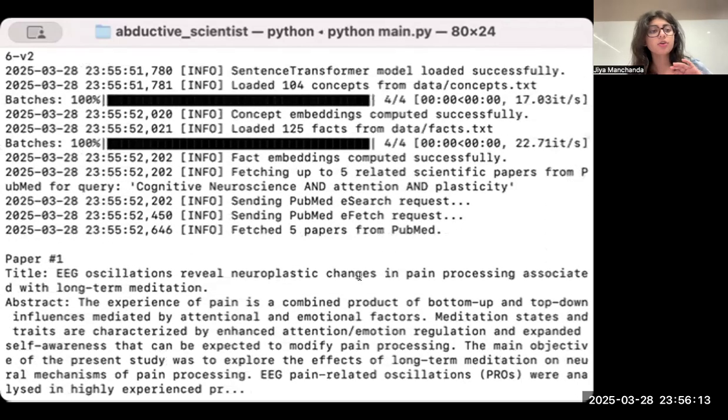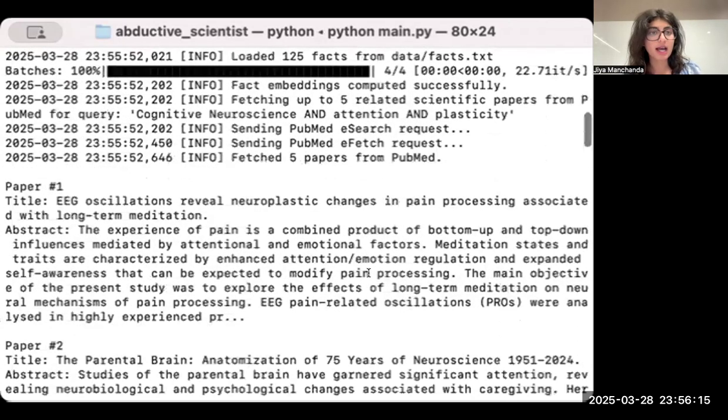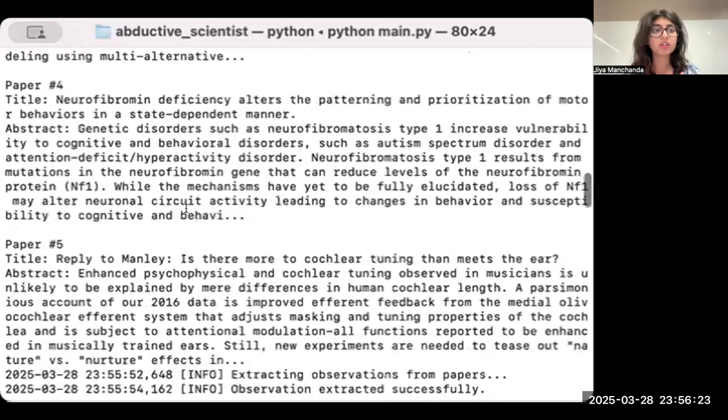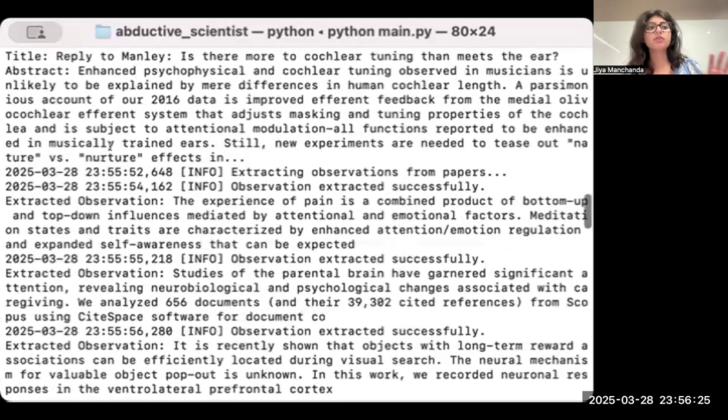So the first thing that comes out of this is that it fetches these five papers from PubMed, the most commonly cited ones, and you get papers 1 through 5, all of which come with their abstracts. The reason the abstract is important is because I use natural language processing to then extract observations that the paper is making.